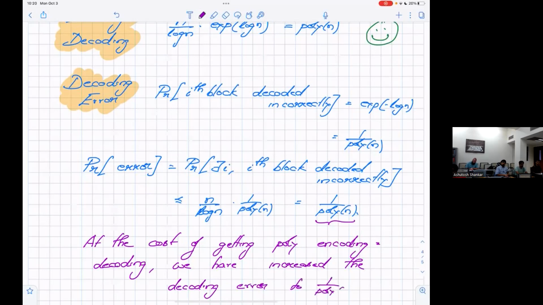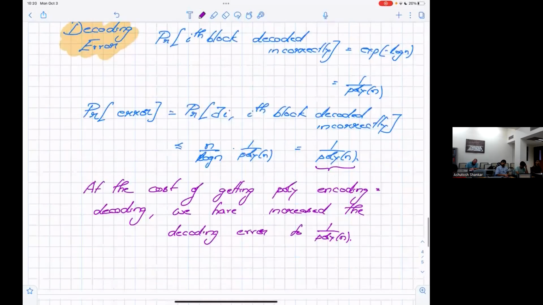Previously, the decoding error was inverse exponential, but it's now 1 over poly n. People with me so far?